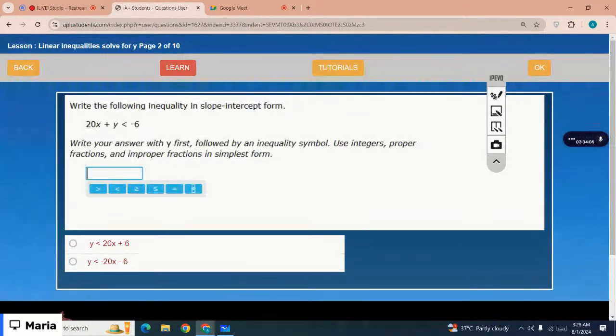Write the following inequality in slope intercept form. So which is the correct option?